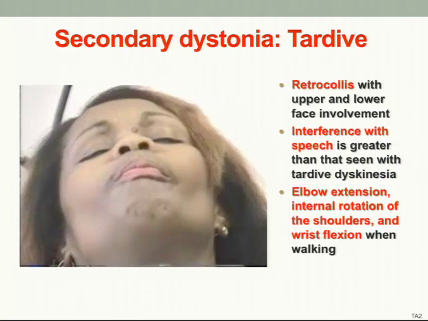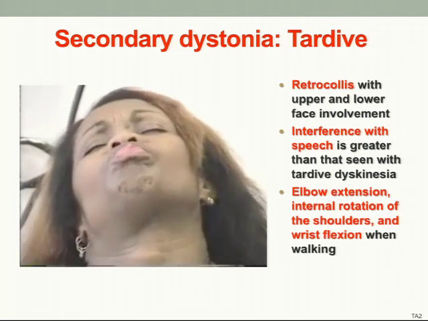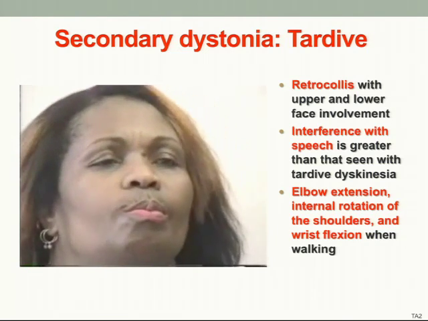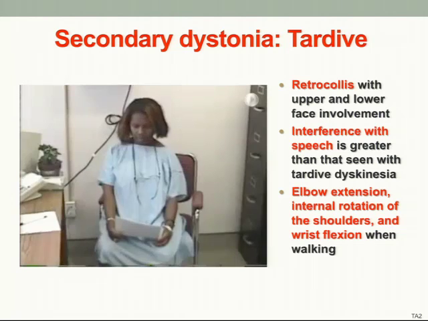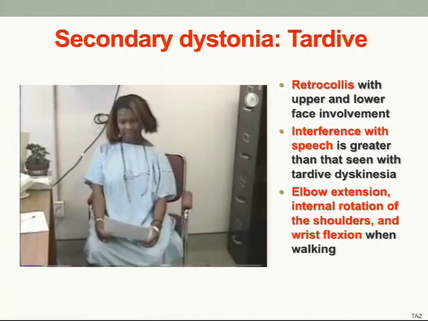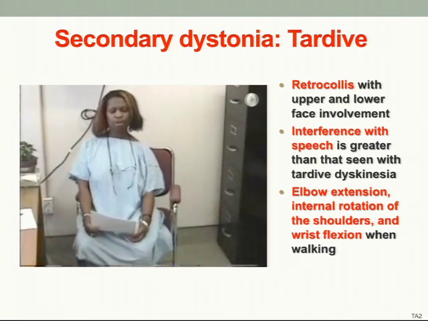There are a couple of conditions, though, that if you see them, you have to know exactly what it is. This is one of them. You can see it's paroxysmal retrocollis. Okay.